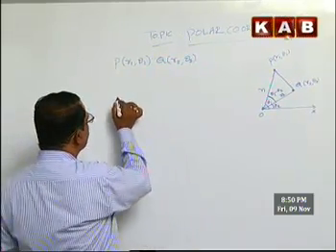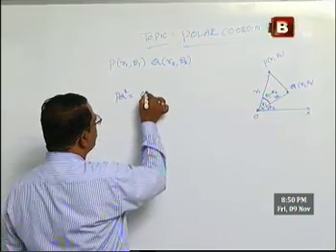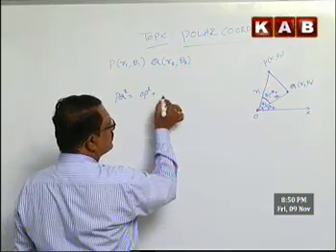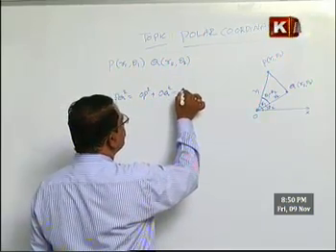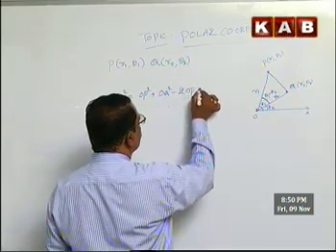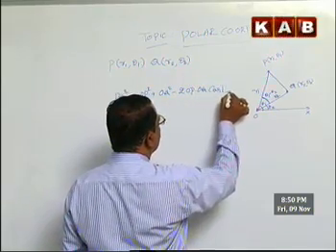Now, from the cosine rule, PQ square equals OP square plus OQ square minus 2 OP into OQ cos of angle POQ.